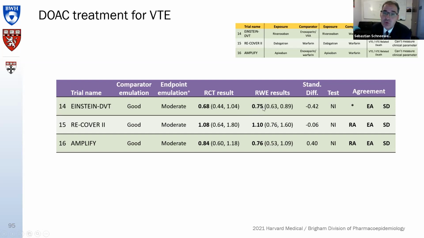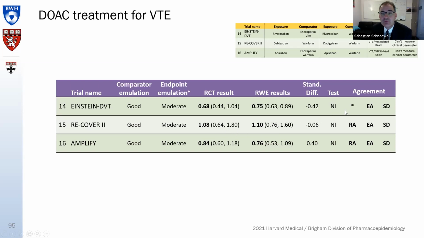The point estimate is more towards null, it's attenuated, but the 95% confidence intervals are narrower because we have much larger populations here, while the 0.68 of EINSTEIN DVT is actually crossing the null with this upper 95% confidence interval. So strictly speaking, we did not have full regulatory agreement here.